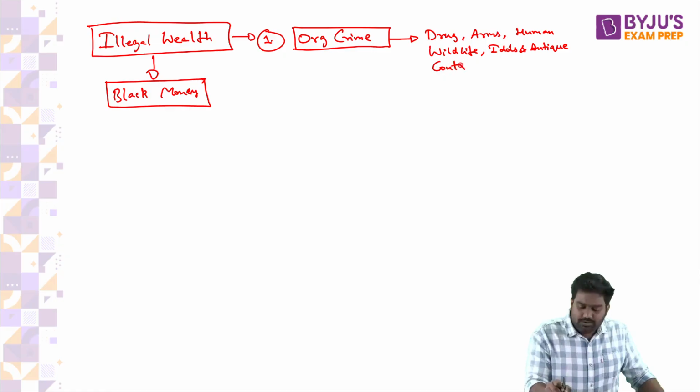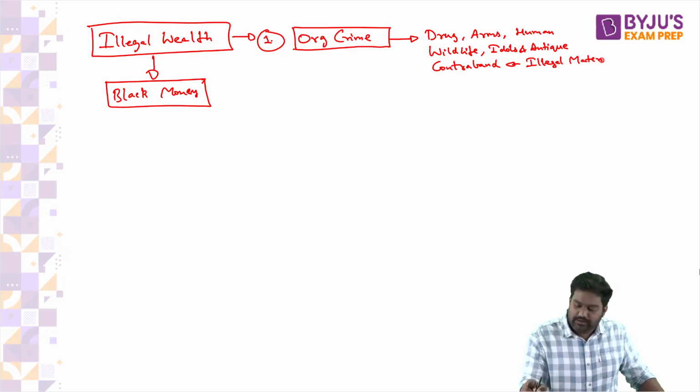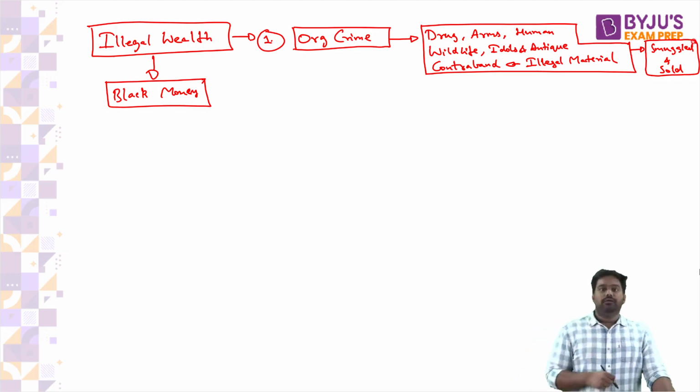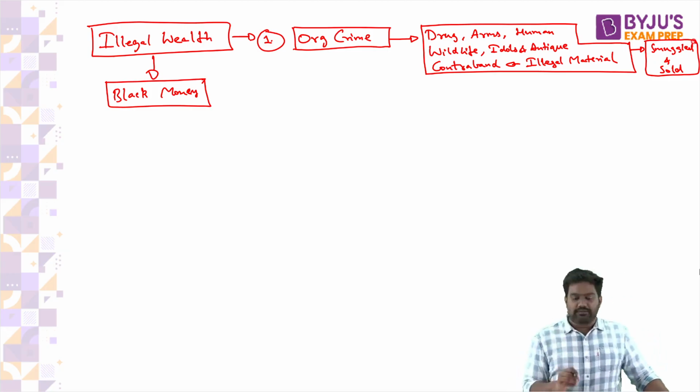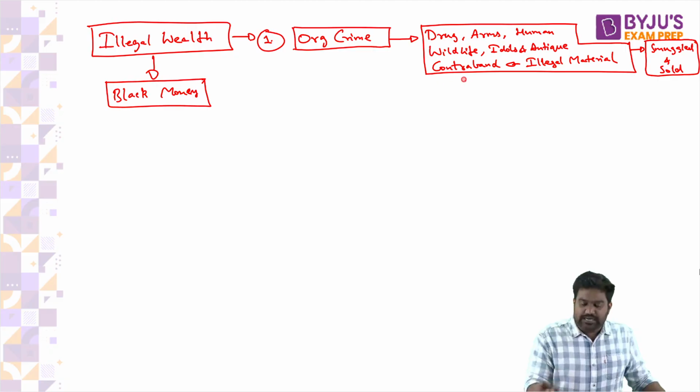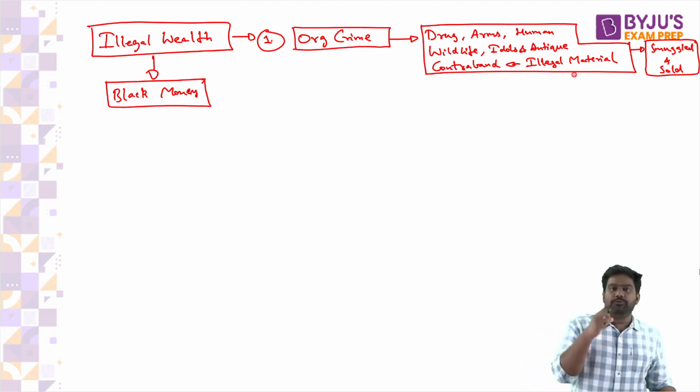Any such contraband, any such illegal substance or material which is being smuggled and sold, this generates illegal wealth, right? This is a major source of black money. All these are illegal criminal activities prohibited by the law. Is that clear? You can even add cyber crimes to the list. Cyber crime is also a type of organized crime.